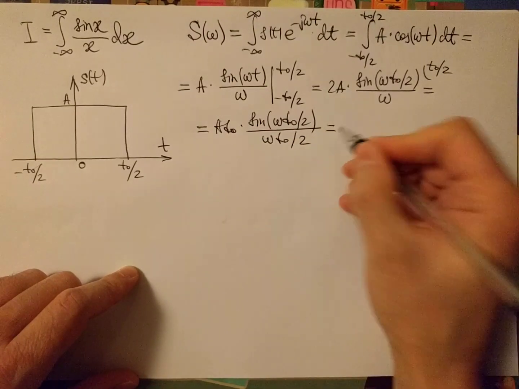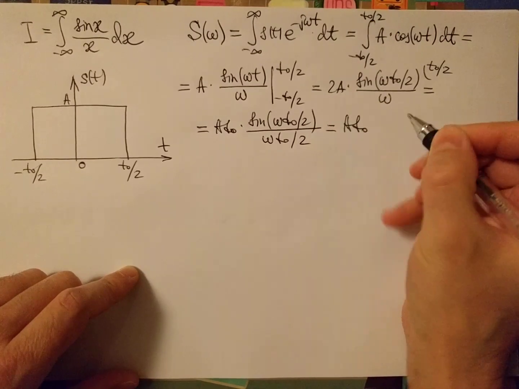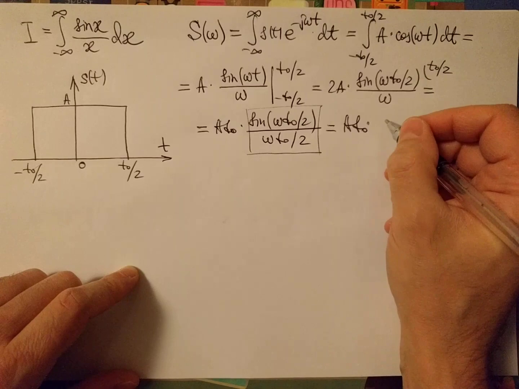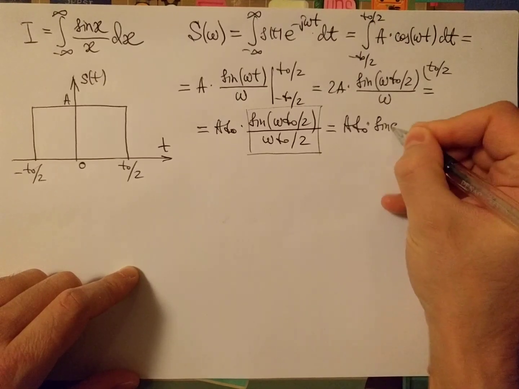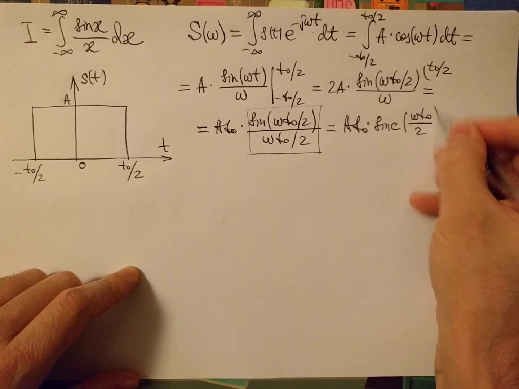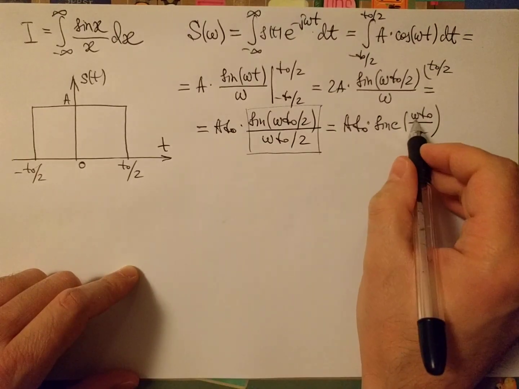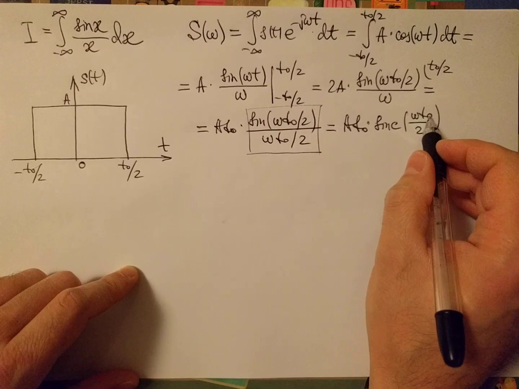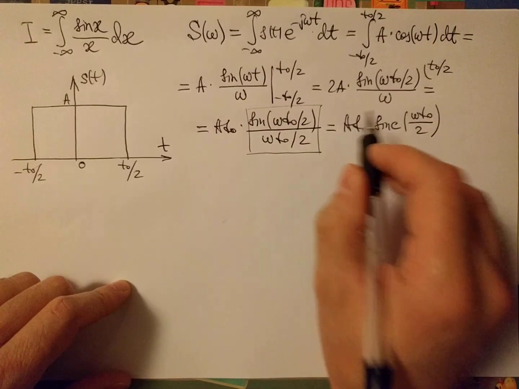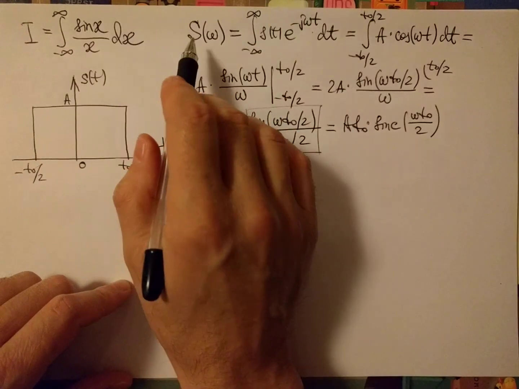And you may find that this fraction is called sinc, or sinus cardinalis, of omega times t0 over 2. Why have I done it?